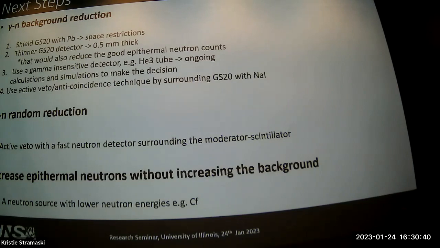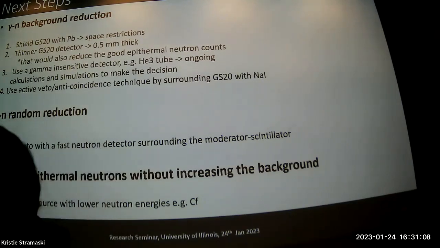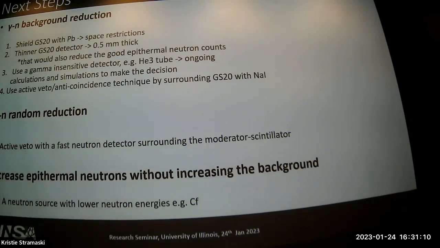We're expecting that if it is thinner, the neutron-gamma separation would be better. We have those detectors now. We'll start setting up the whole thing and start taking data. Then there are other ideas of reducing neutron random correlations. We can use active veto techniques and active coincidence techniques. Those are a little more in depth. If you have any questions about how we want to do it, we can discuss.